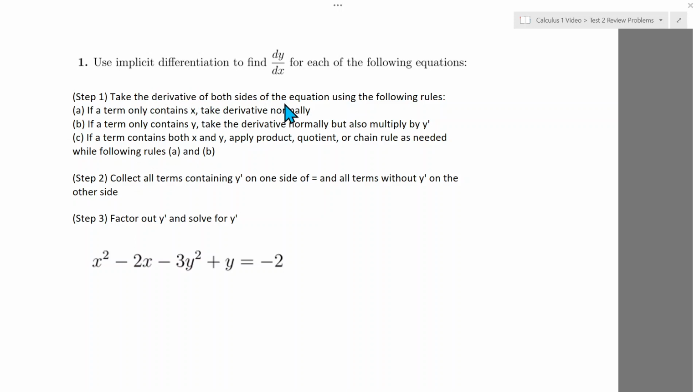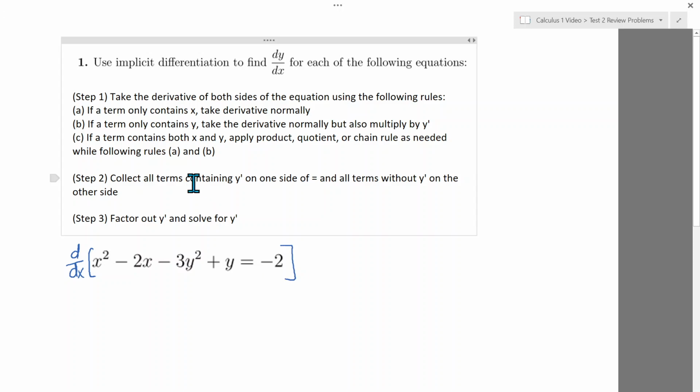Right, so first we take the derivatives of both sides of the equation. So I apply the derivative to everything, the entire equation. And so we want to follow these three rules here, right?